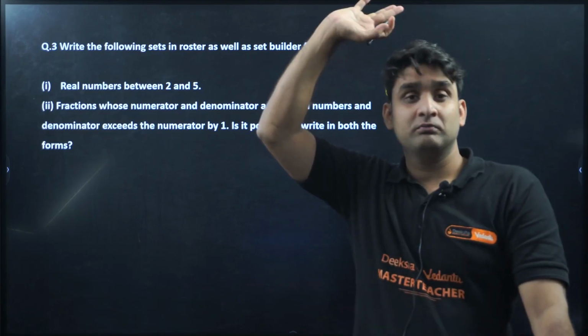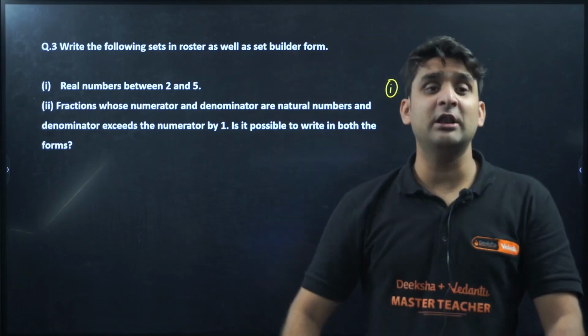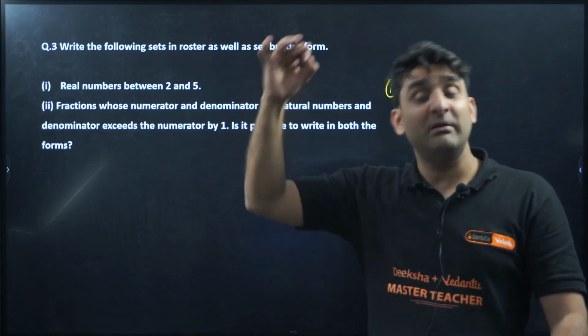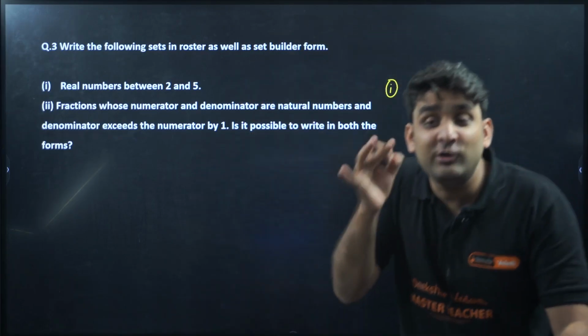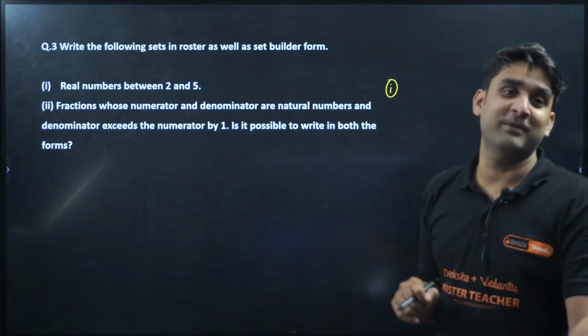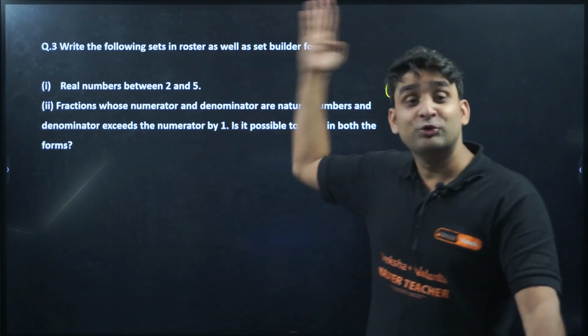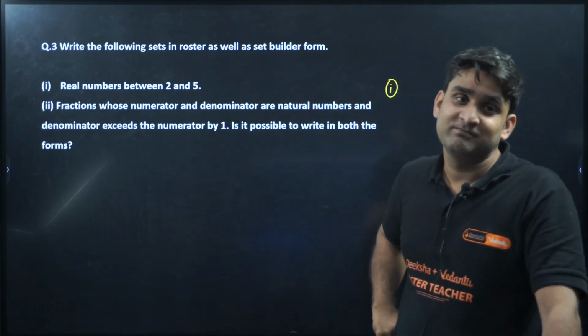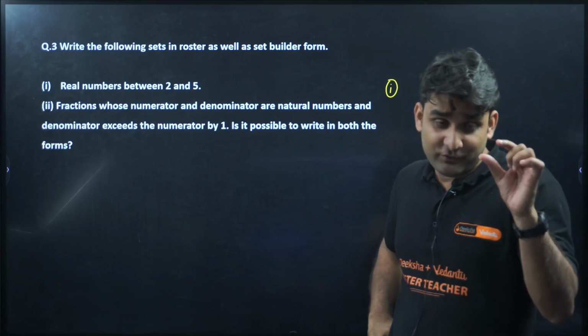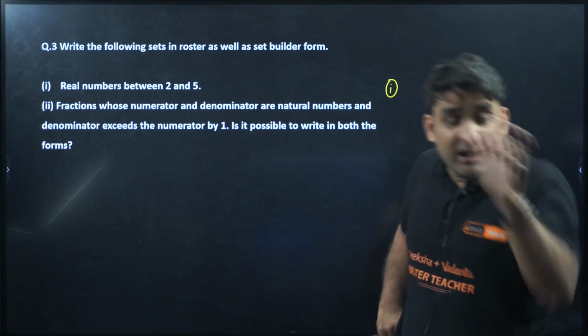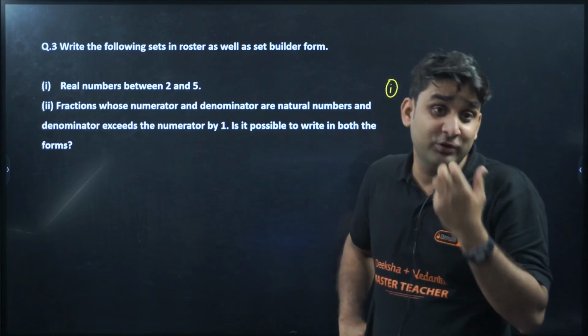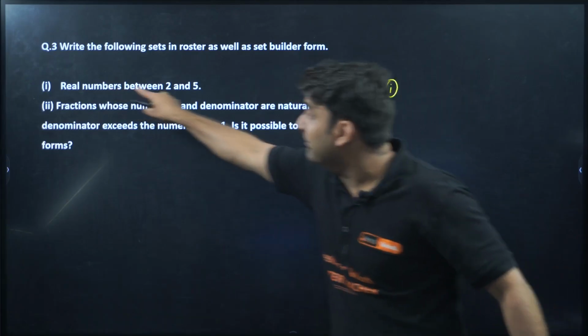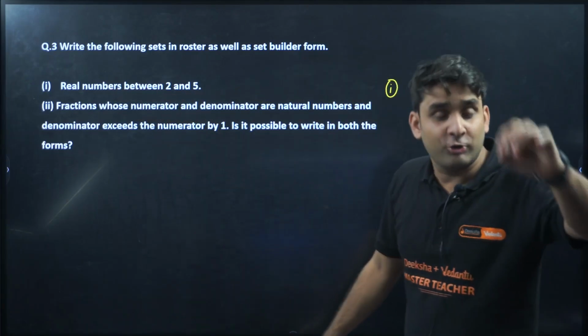So many. 2.1 is also a real number, 4.25 is also a real number, 4.2513 is also a real number. I don't know which should be the first real number and which should be the last. This is not confirmed, so for this statement we can't write a roster form.